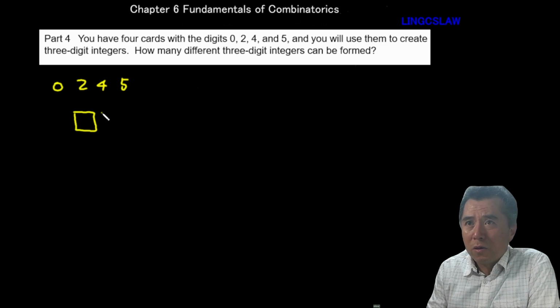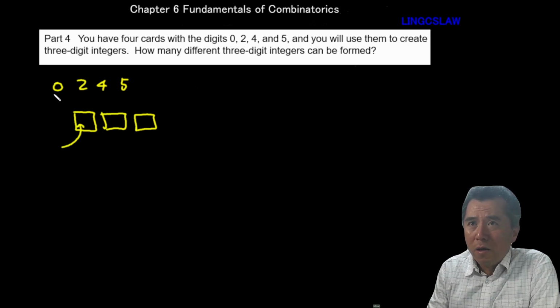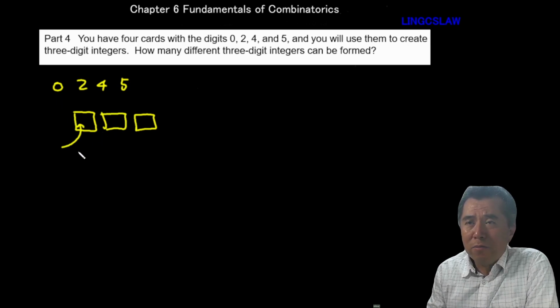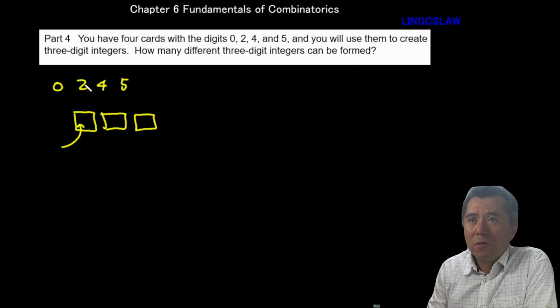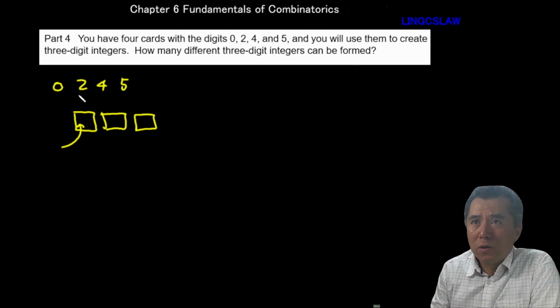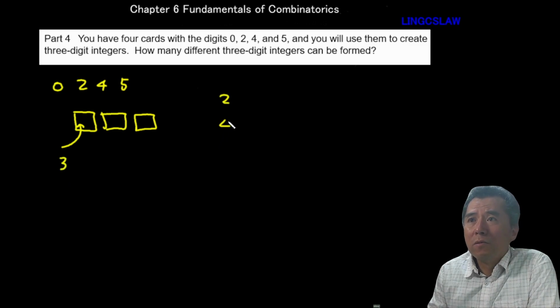This is the hundreds place, tens place, ones place, and in here 0 can't be used. So there are 3 choices, 2, 4, or 5.